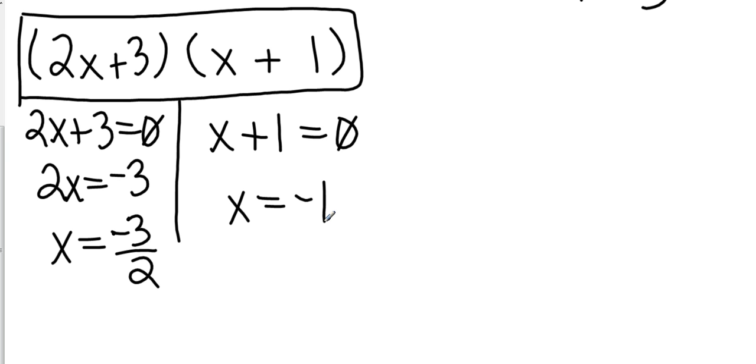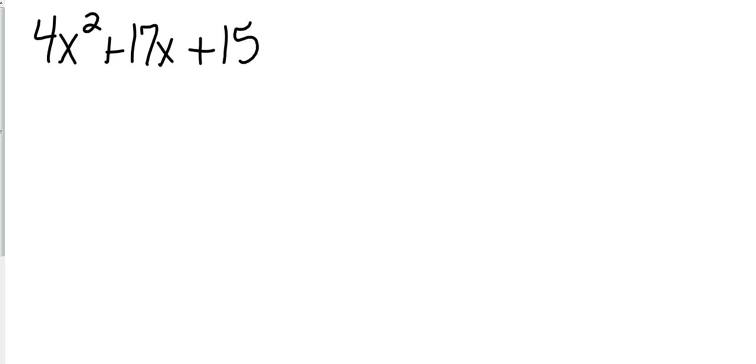Okay, so let's go to one that's just a little more intense. Let's take a look at this one. This has more than one multiple. There's a better term. We know we're going to have two sets of parentheses.